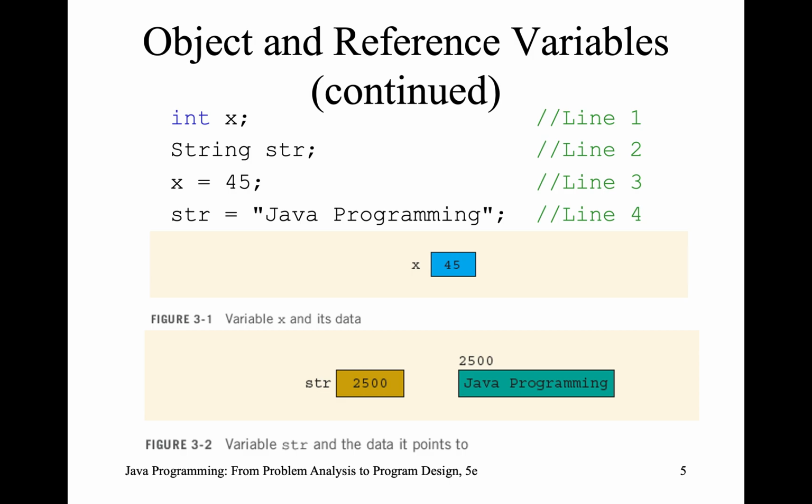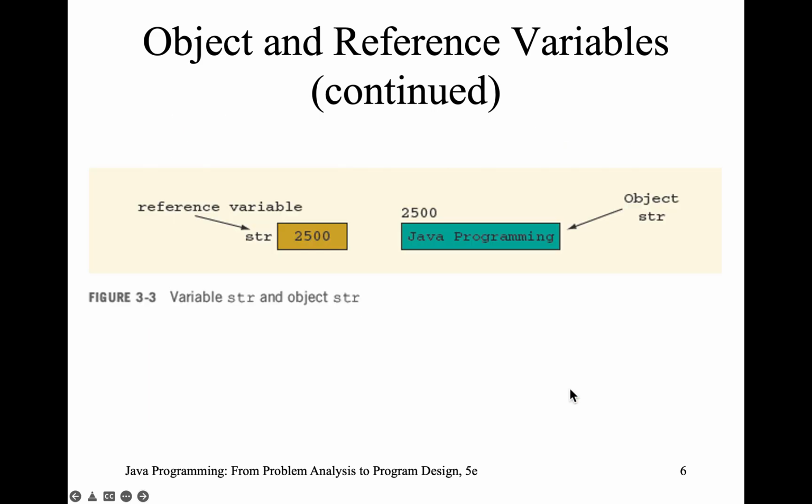Like if x is 45, x contains the 45. But str contains the starting location of the string. So we call this a reference variable because it just has an address that references where we find the actual string. And we also call this an object, so str is an object.